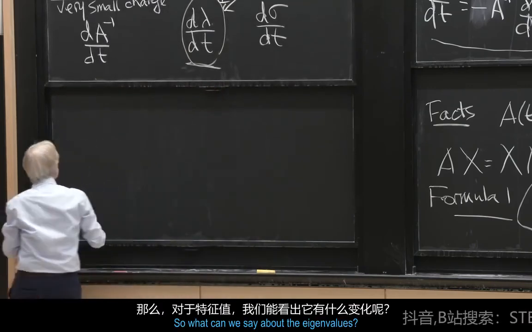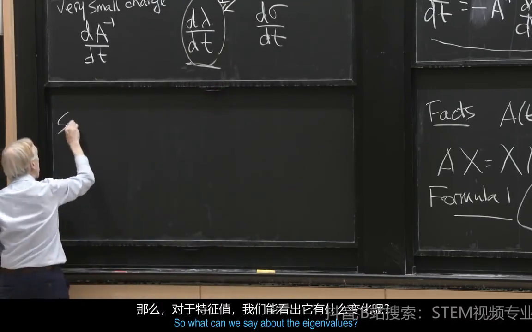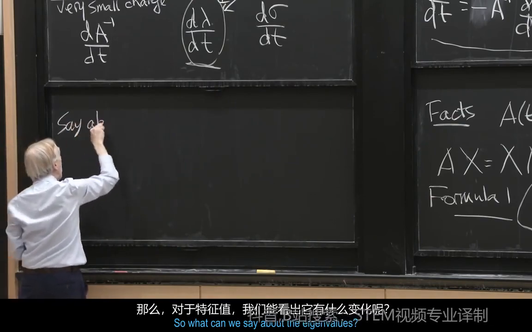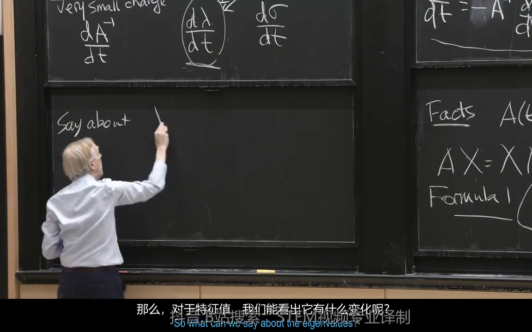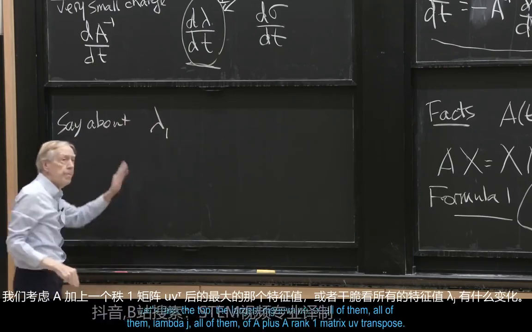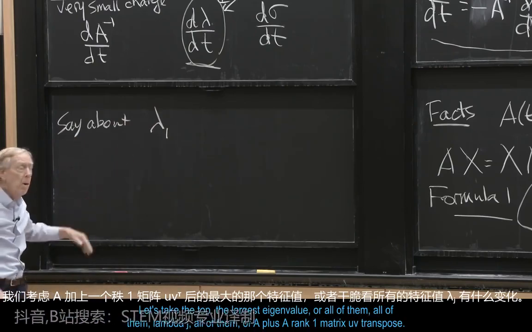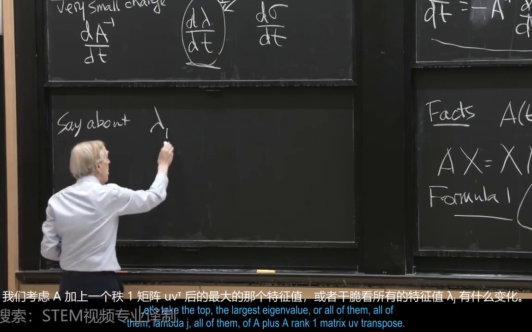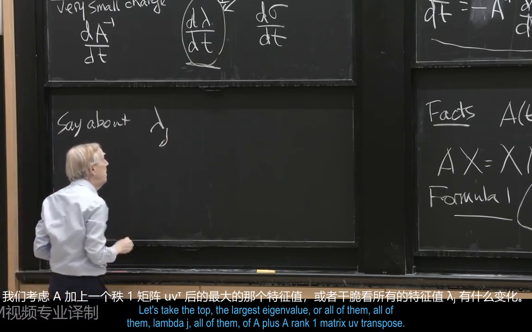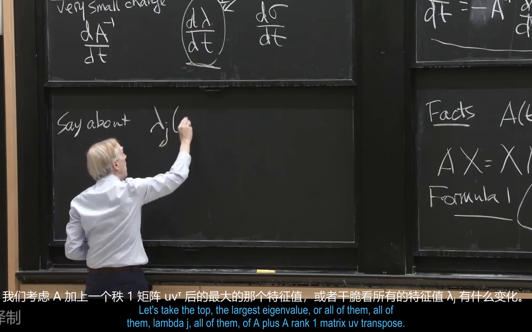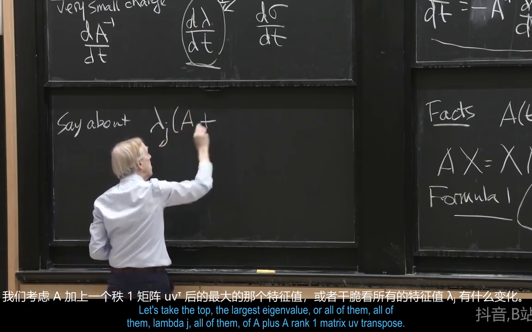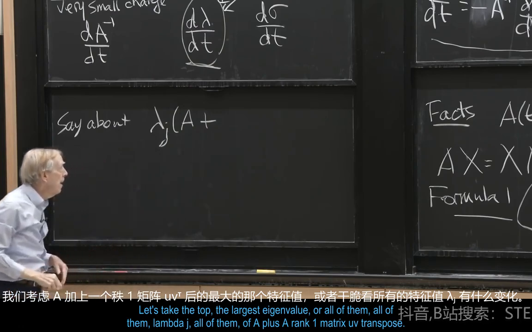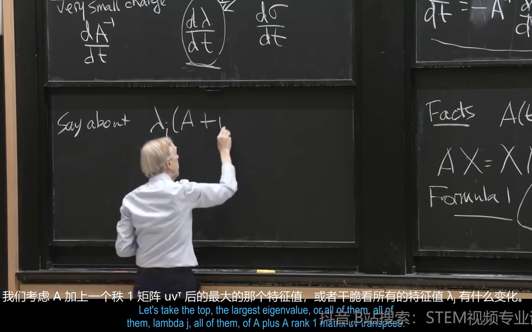So what can we say about the eigenvalues? Let's take the largest eigenvalue, or all of them, lambda j, of A plus a rank 1 matrix UV transpose.